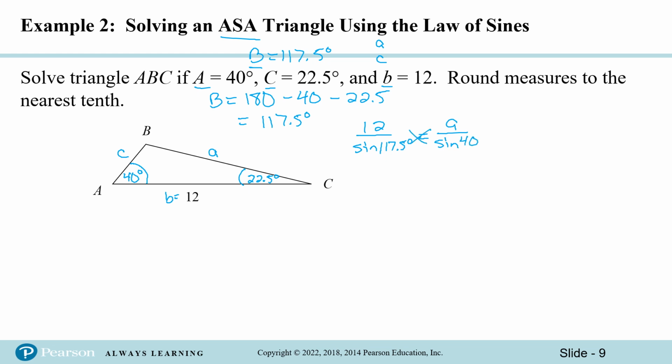Cross multiply, you get A sine 117.5 is equal to 12 sine 40. That's degrees. Divide.